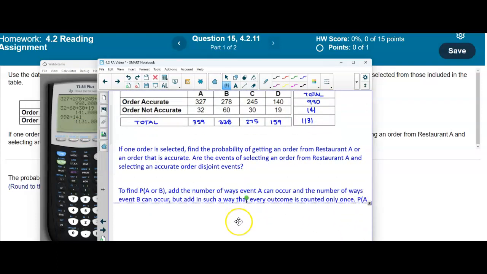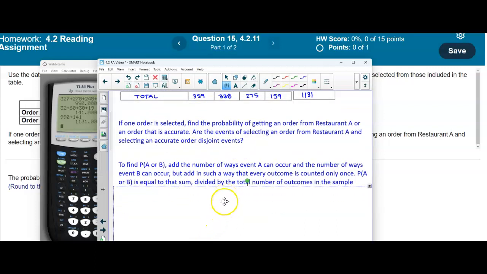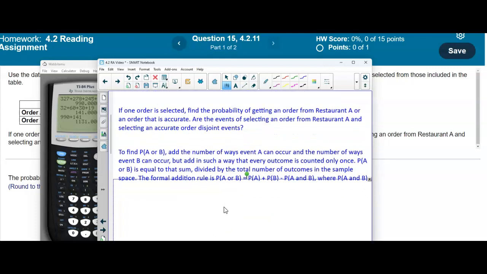To find the probability of A or B, we add the number of ways event A can occur and the number of ways event B can occur, but in such a way that every outcome is counted only once. The probability of event A or B is equal to that sum divided by the total number of outcomes in the sample space.